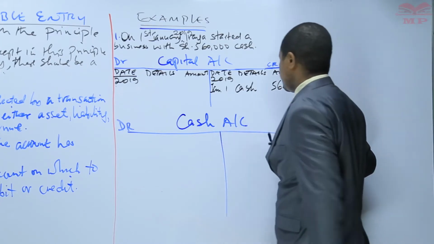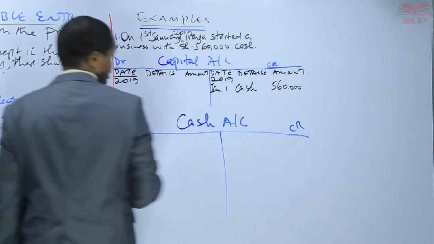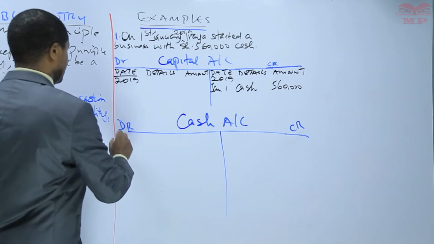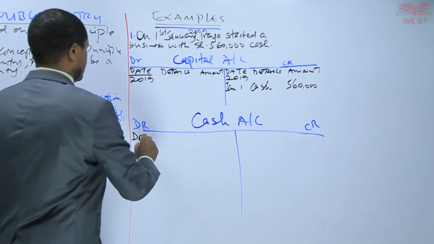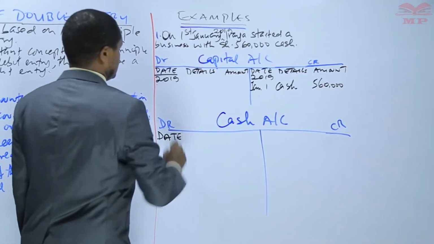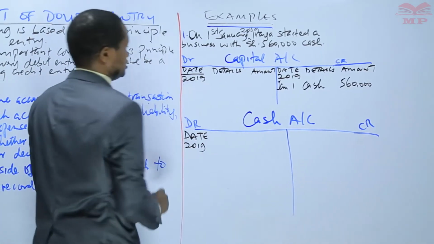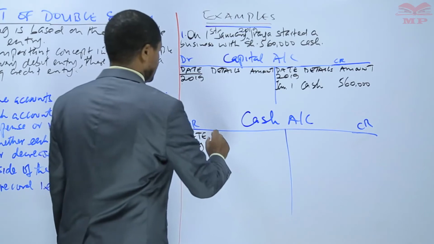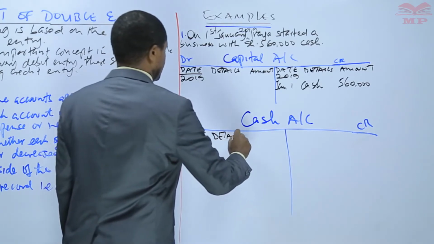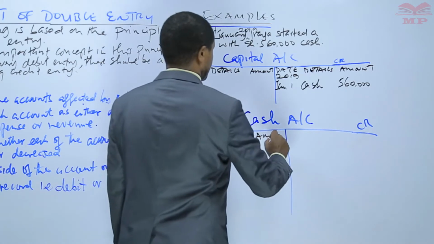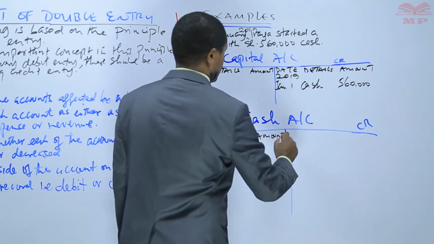So we are going to debit the cash account. We have the date, 2019. We have the details column, then we'll have a column for the amount.